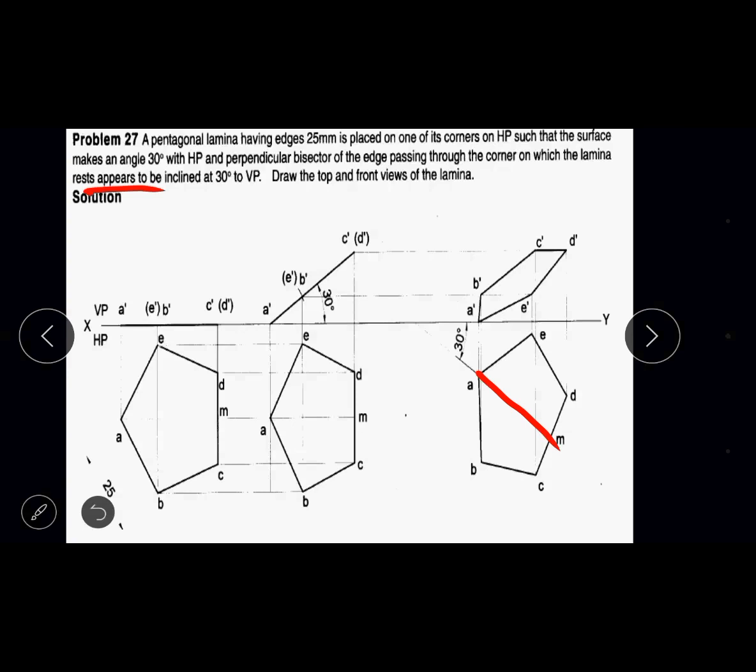Since the word "appear" is used, the given angle is the angle made by the median AM of the irregular lamina. Therefore there is no necessity of finding the beta angle. All other steps remain the same.